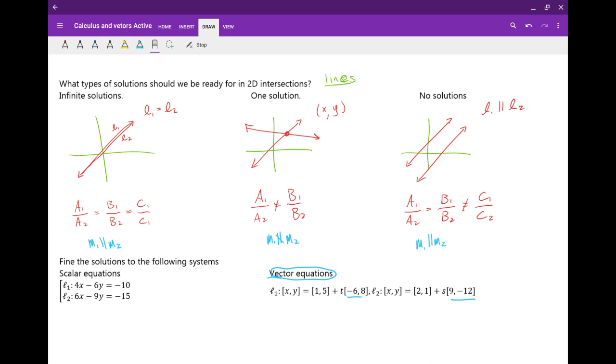And so I'll write that down. Here, P1 is a solution in line 2. Oh, I should have written that in blue. Sorry.